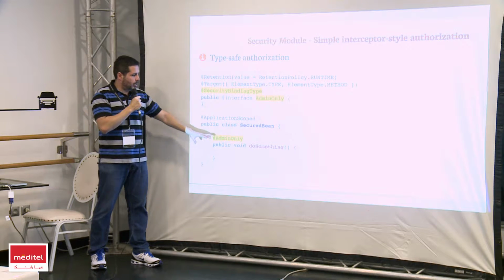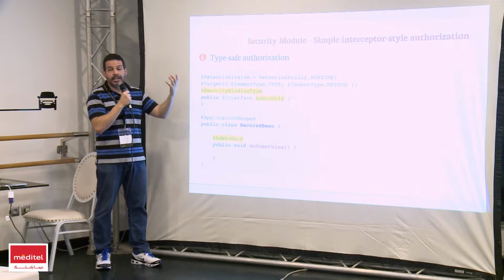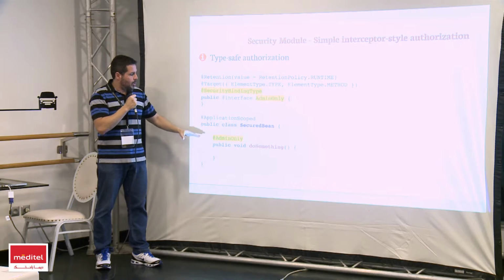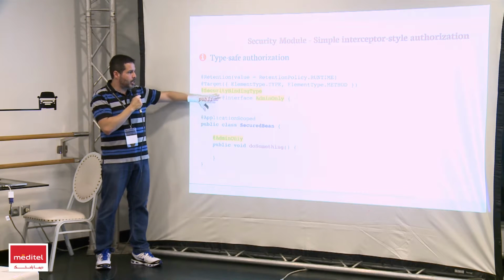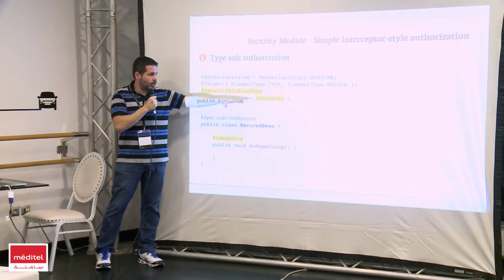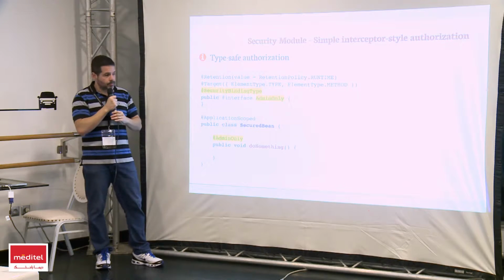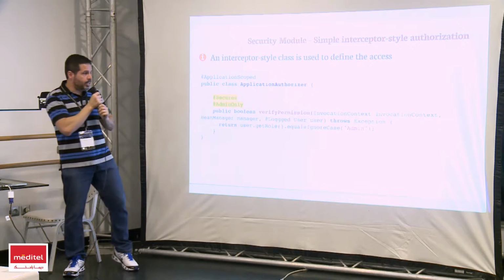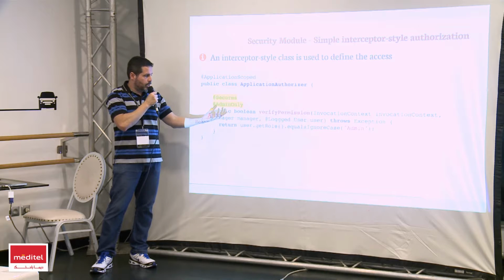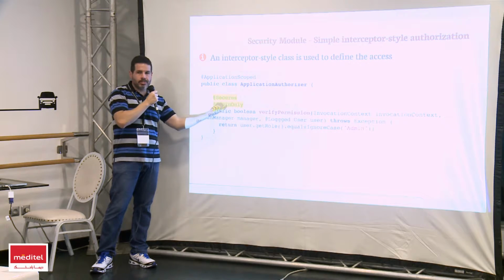You can do that in a type-safe way, in an interceptor style, where you create an annotation and say that this annotation is a security binding type. What do I need to do now? Just write a method that holds the logic for this.